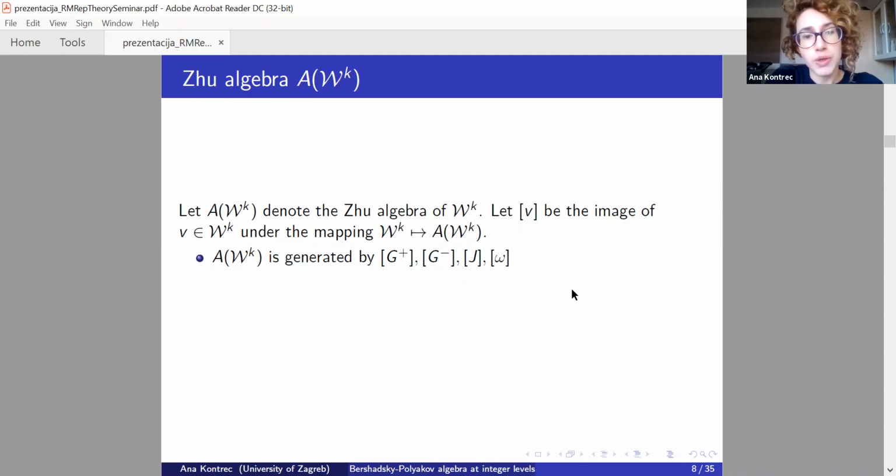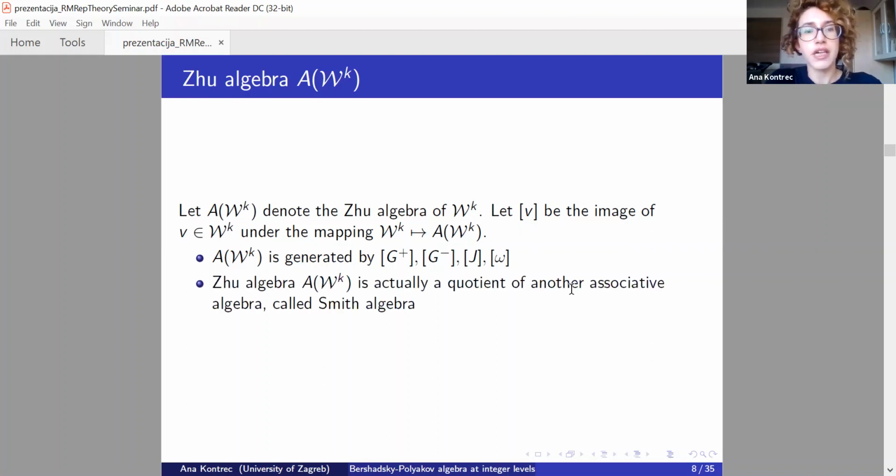And we went in that direction and also exploited properties of this associative algebra. So what we do here is we look at the Zhu algebra associated to our vertex algebra, and when we change the Virasoro, we get that the Zhu algebra is actually a quotient of another associative algebra, this Smith algebra.